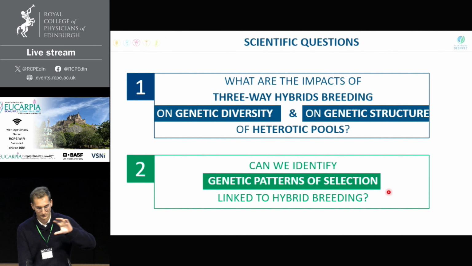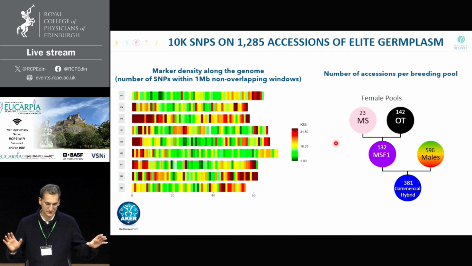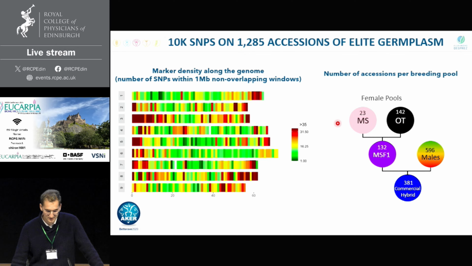a wide panel of accessions. So as you can see here, because of the asymmetry in the breeding panel, we have a lot fewer female parents than male parents, but it's linked with the technical constraints of having to manage cytoplasmic male sterility with longer schemes and cycles on the female side.